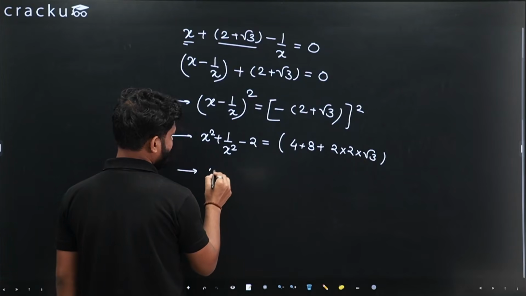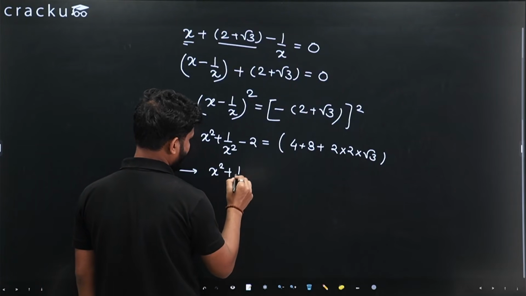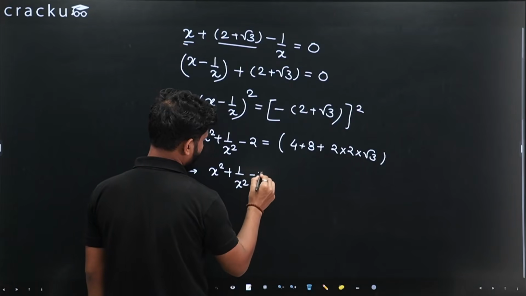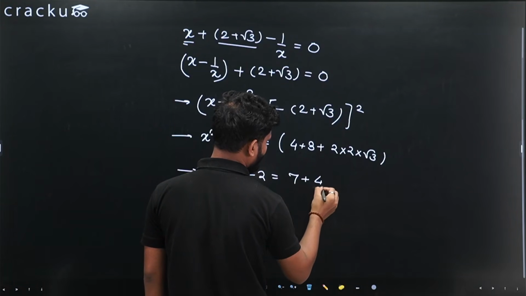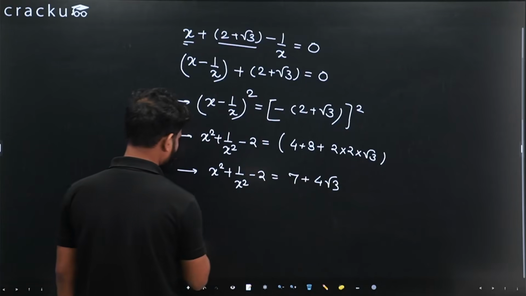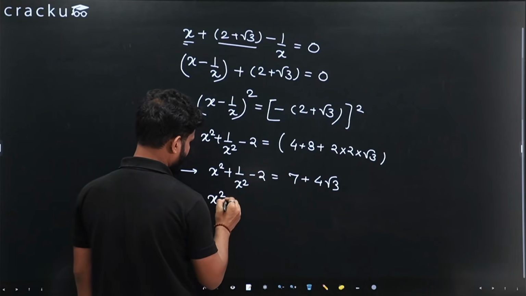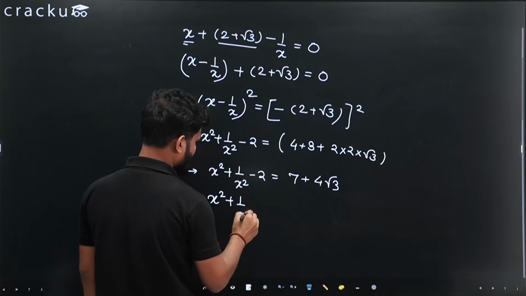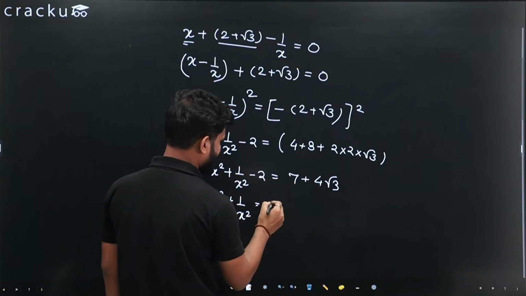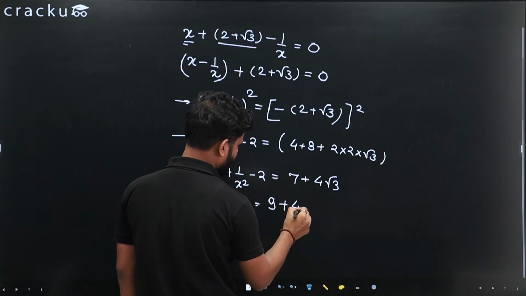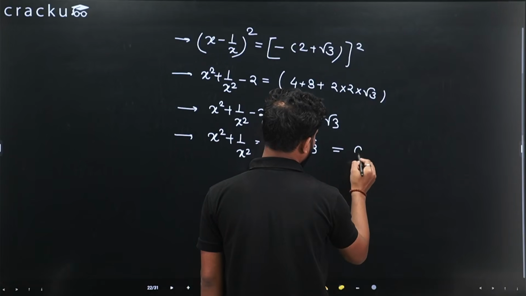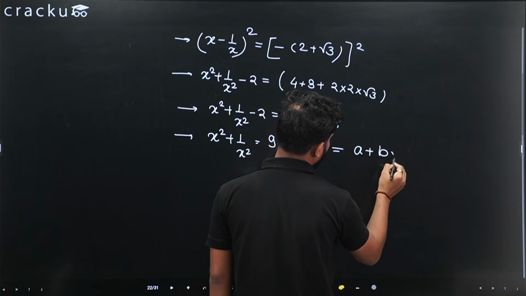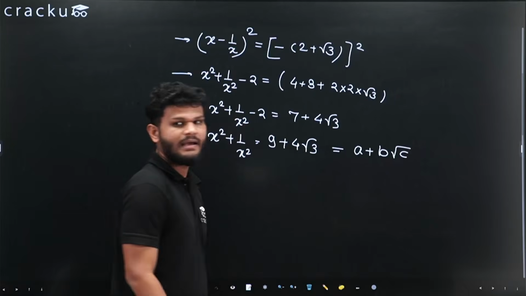So this is x square plus 1 by x square minus 2 is equal to 7 plus 4 root 3. Or I can say x square plus 1 by x square is, taking 2 to that side, 9 plus 4 root 3, and this is equal to a plus b root 3, correct?